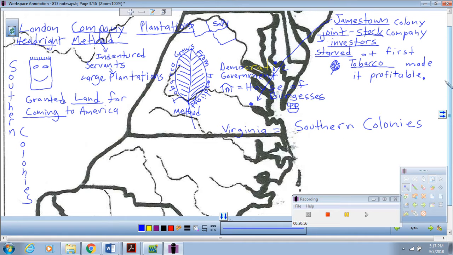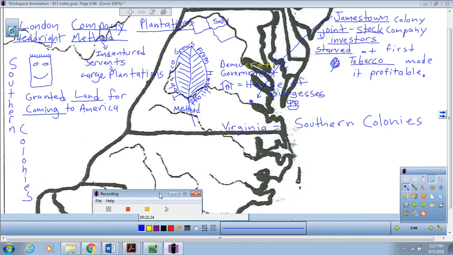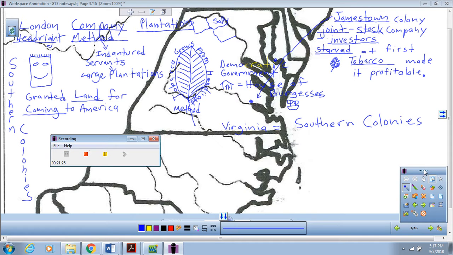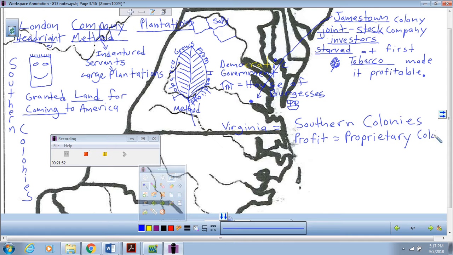So, Virginia would become the southern colony model, and Virginia was founded for the purpose of profit. This was an English colony that was founded for the purpose of profit. Colonies that were founded for the purpose of profit were called proprietary colonies. The southern colonies, South Carolina included, would be proprietary colonies.